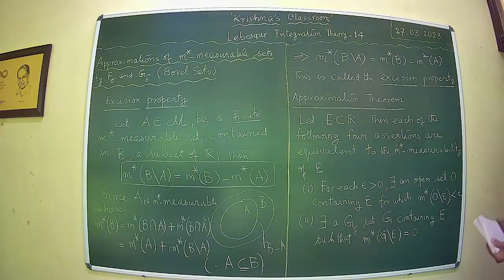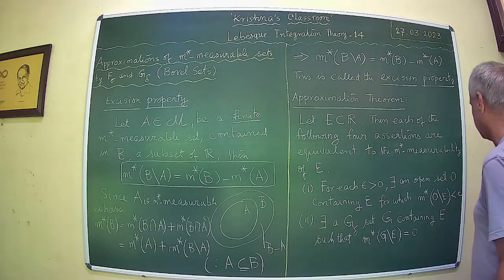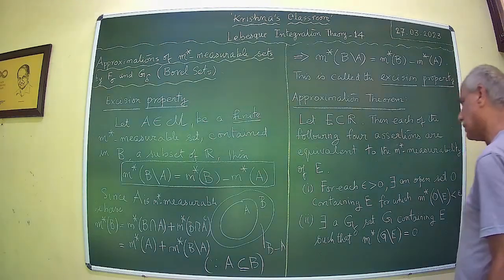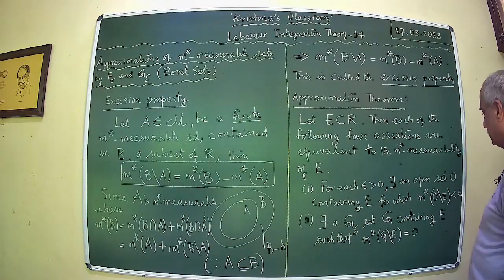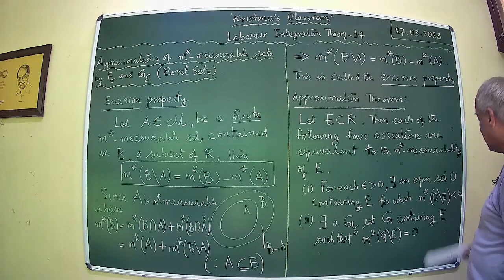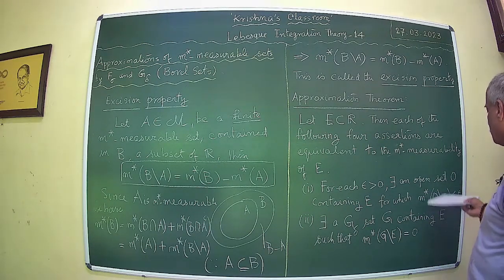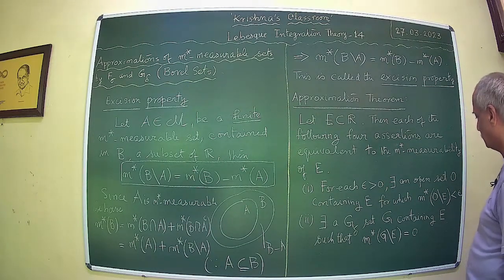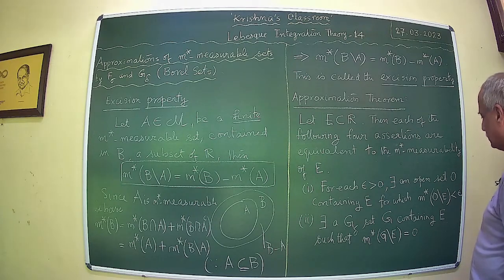Now these two statements are very interesting. What it says is that if E is M star measurable, then E can be approximated as closely as you want, in the sense that M star of O slash E is less than epsilon, by open sets.